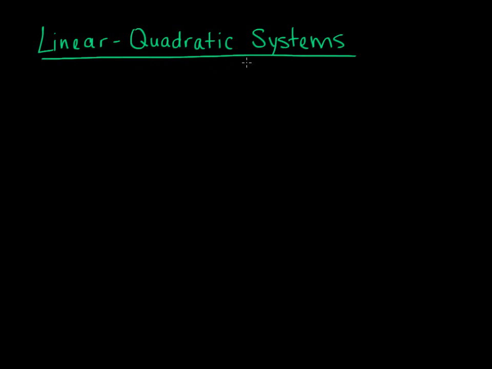But by looking at the two equations together as a system, again, similar to linear systems in grade 10, if we want to find the solution to a linear quadratic system, that will involve finding the point or points of intersection between the linear function and the quadratic function.